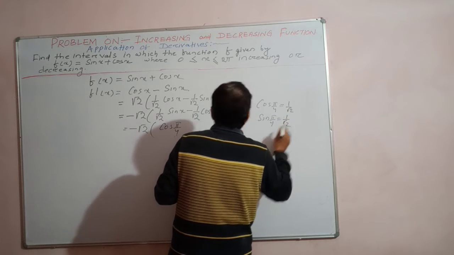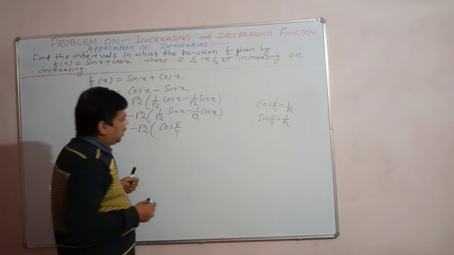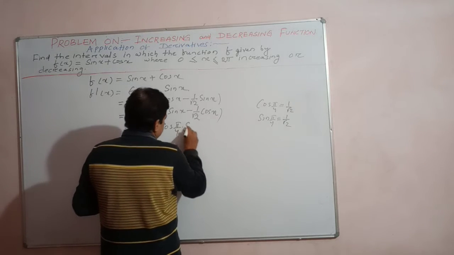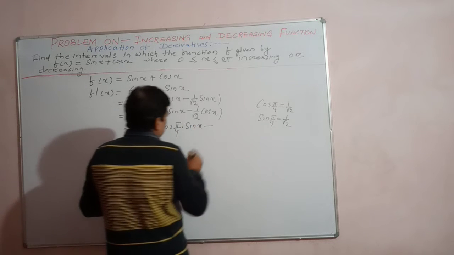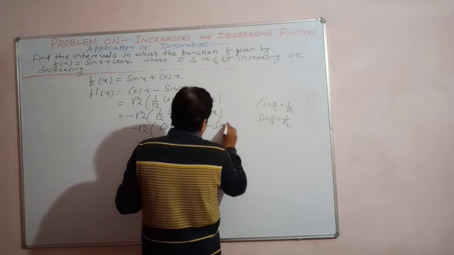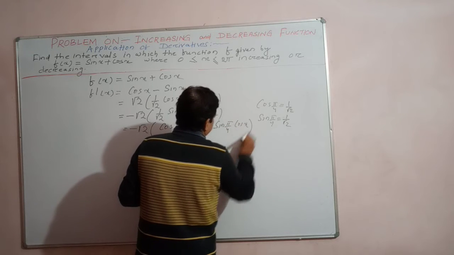Yes or no? Understand? So in place of 1/√2, I can write cos π/4 into sin x, minus, and here for 1/√2 we can write sin π/4 into cos x. Is it clear, this point?